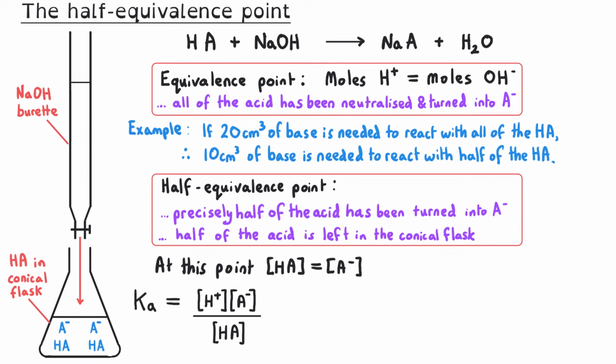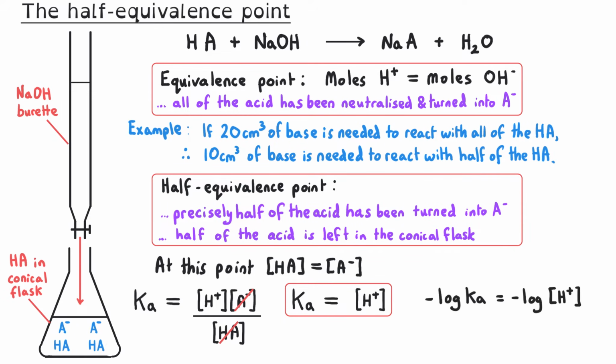The Ka expression for this weak acid will have Ka equals hydrogen ion concentration multiplied by salt concentration divided by unreacted acid concentration. And since the unreacted acid concentration is the same as the salt concentration, these terms will cancel out in the expression. And so it will simplify down to Ka is equal to the hydrogen ion concentration.